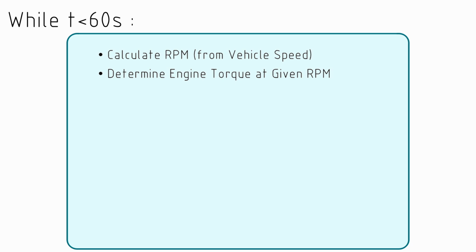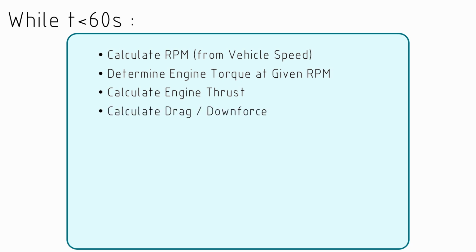Once we have the engine torque, using the gearing and dimensions, we would calculate the thrust that is coming from the engine. Because we have the vehicle speed, at this point we're going to calculate both the drag and downforce. Once we've got the downforce and the center of gravity location, as well as the expected longitudinal acceleration, we can calculate the load on the driven wheels.